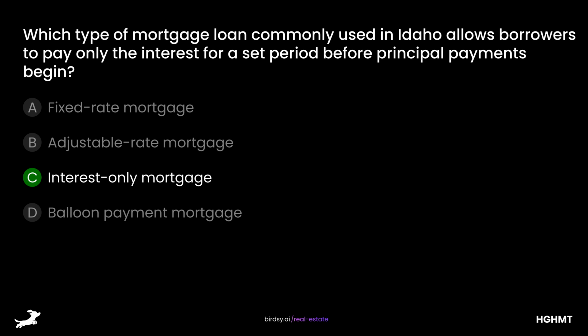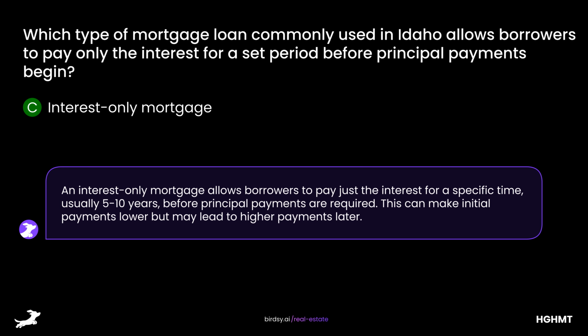The answer is C, interest-only mortgage. An interest-only mortgage allows borrowers to pay just the interest for a specific time, usually 5 to 10 years, before principal payments are required. This can make initial payments lower, but may lead to higher payments later.